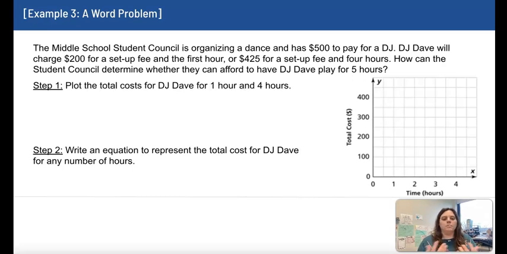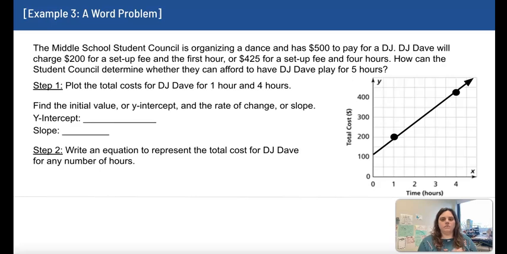So we can plot the points for his total at 1 hour, which is 200, and 4 hours, which is 425, about halfway from 400 up to the next line. This then gives us a line we can find the equation of. So we're going to find the initial value, or y-intercept, and we're going to do that using the slope.